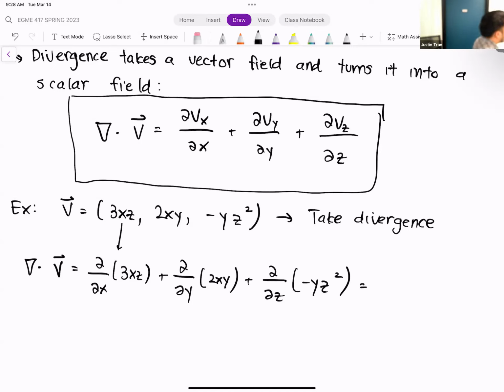And in the end, basically through that dot product operation, we end up with a scalar field. We have 3z plus 2x minus 2y.